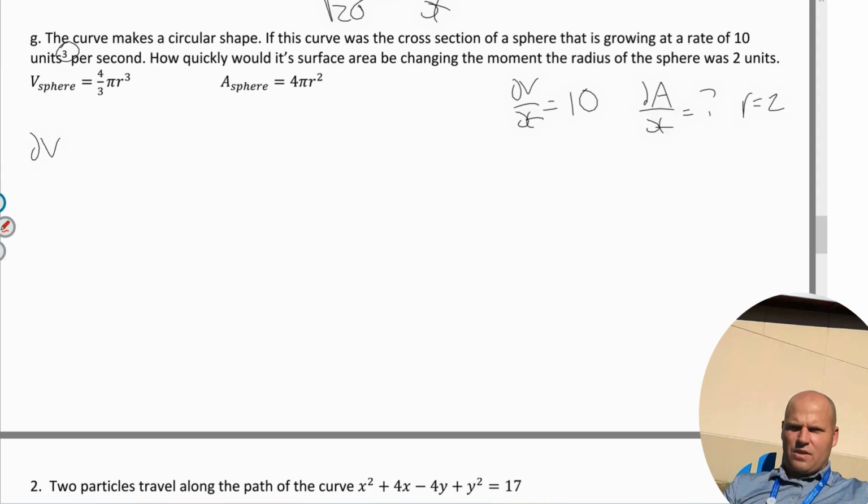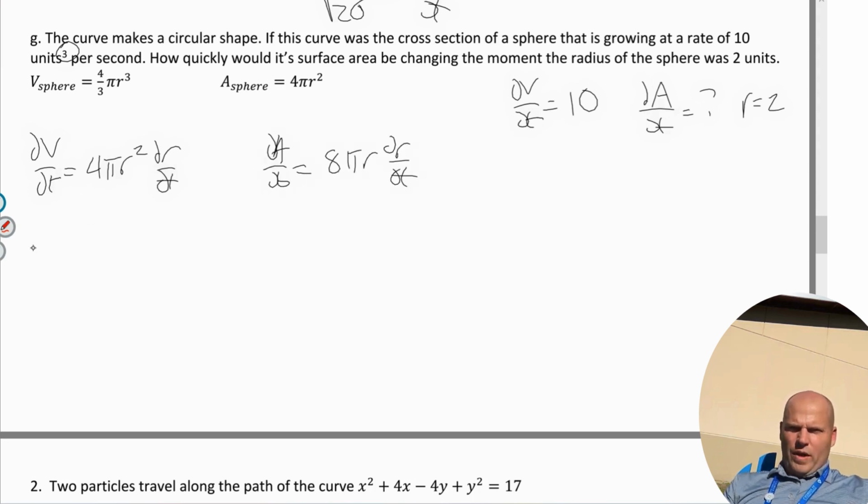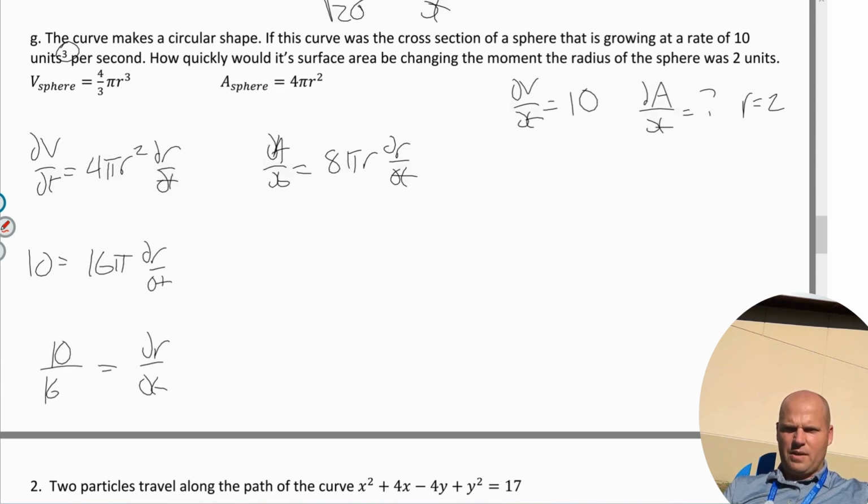So this is when we take the derivative of both V and A. We have dV dt is 10 when r is 2. We get an expression for dr dt by dividing by 16 pi.